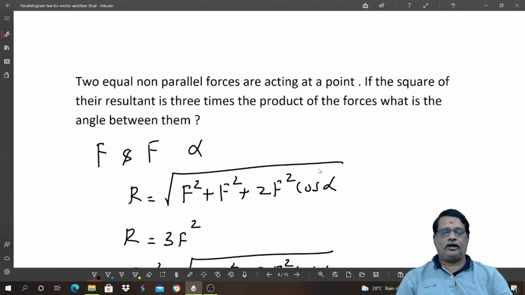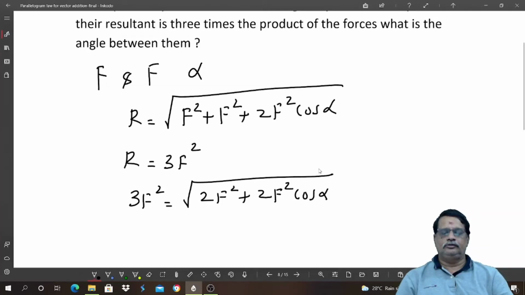This is actually the square of the resultant, not the resultant. So there is no need of any square root sign here, because according to the problem, the square of the resultant is 3 times the product of the forces.